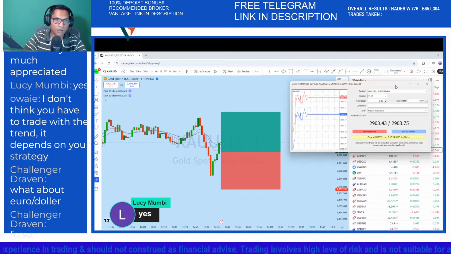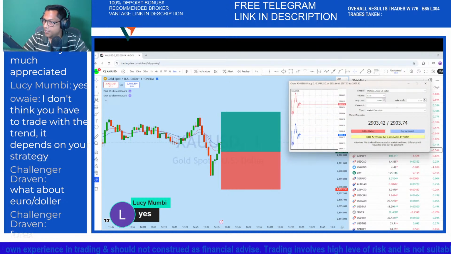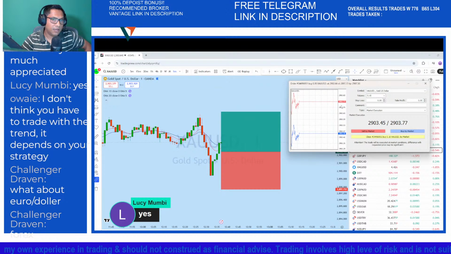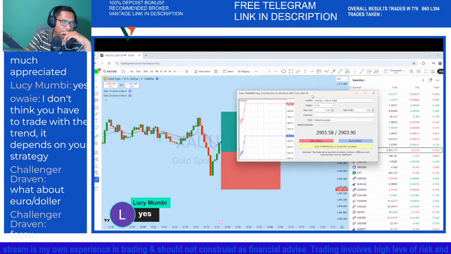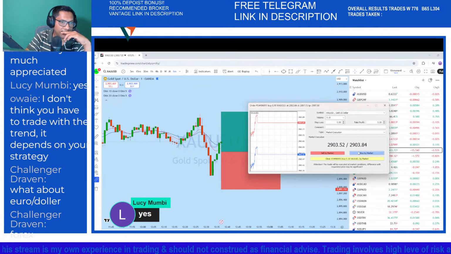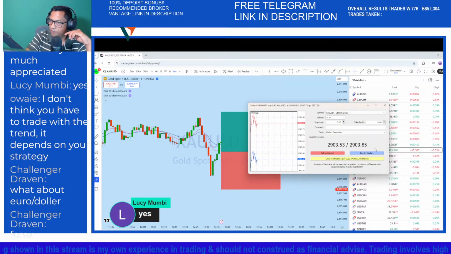So I started a smaller lot just to get it done. We might add more later. I take a very small risk. So I will be holding it, still holding it, and I'll let you know, guys, when I'm closing it.